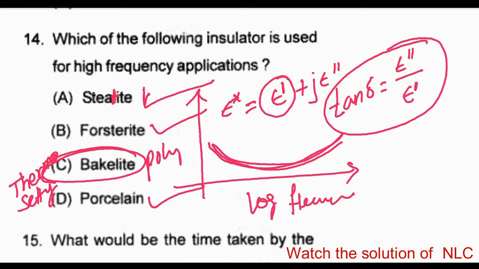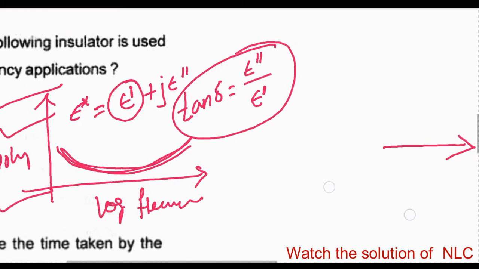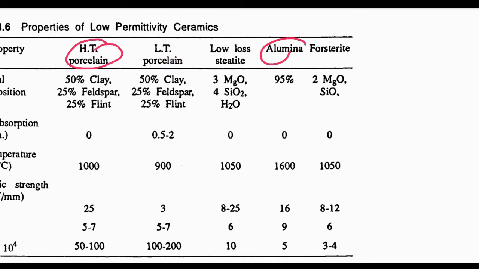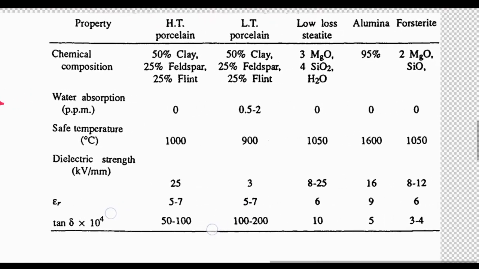So always the ceramics have the highest dielectric constant and low loss in comparison to that of polymers. So now we will consider these three things here: low tension porcelain, high tension porcelain, and alumina is not given. Alumina is generally Al2O3 or such like things, and these are used for high temperature furnaces.